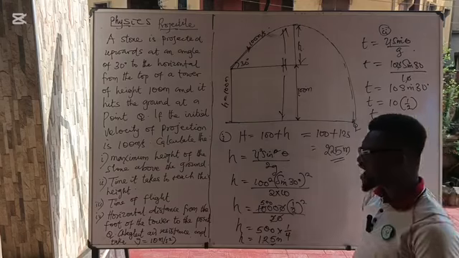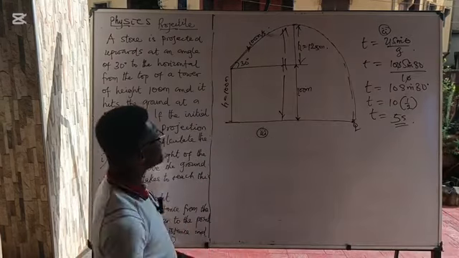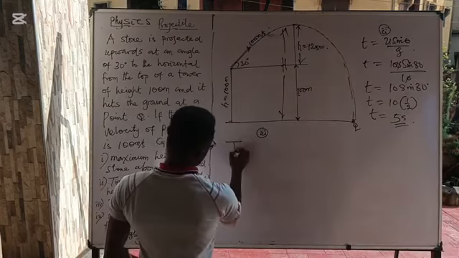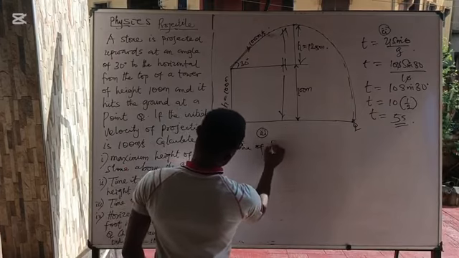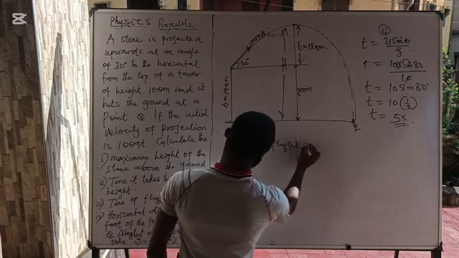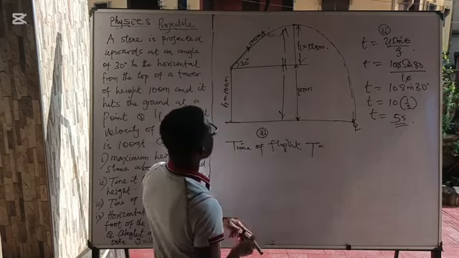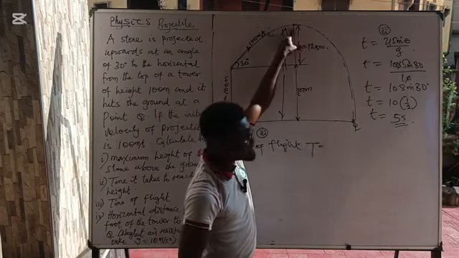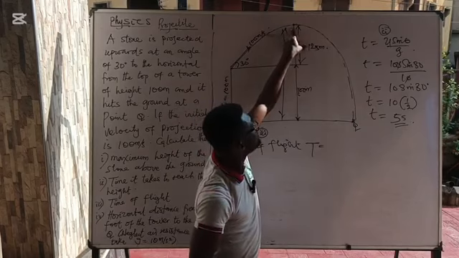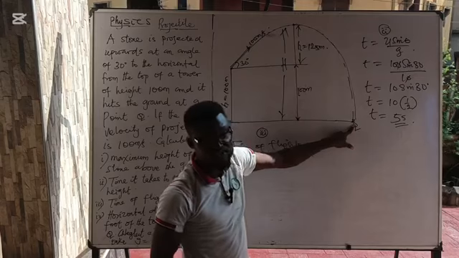Then the next question, we are asked to find the time of flight. So the time of flight, t, will now be the time taken to reach the maximum, plus the time which the body took to return to this very level.